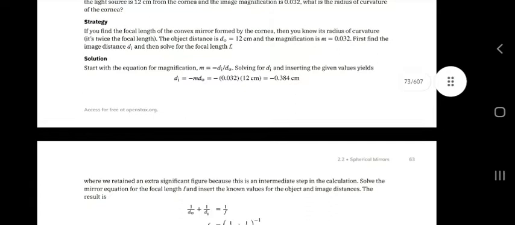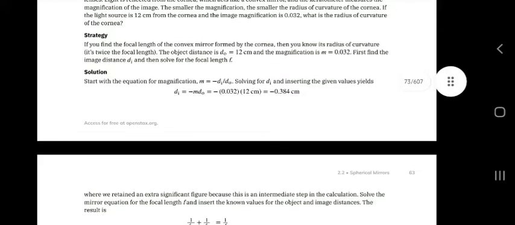So solution, start with the equation for magnification. So m is equals to negative image distance over the object distance. Solving for image distance and inserting the given values yields.